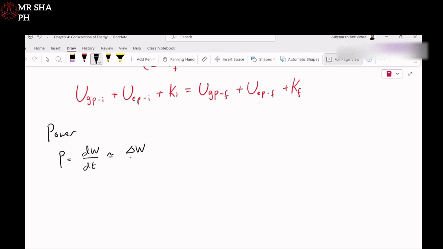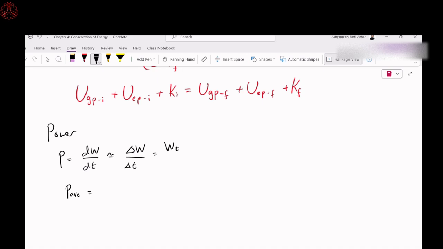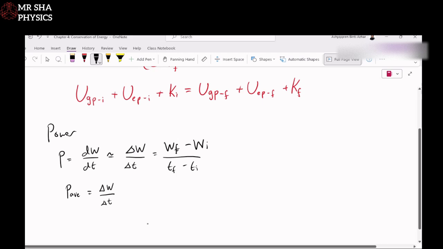I'll have delta W over delta T. If I make that assumption, this is what we call the average power, because it has two points: the final work minus the initial work over the final time minus the initial time. So P average is equal to delta W over delta T.